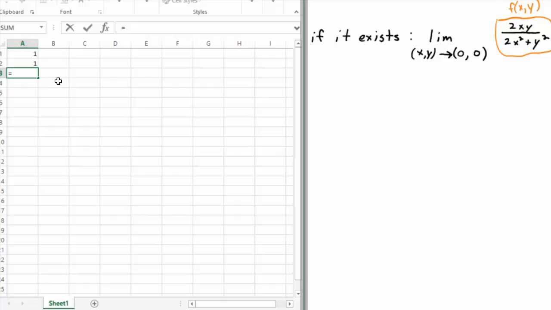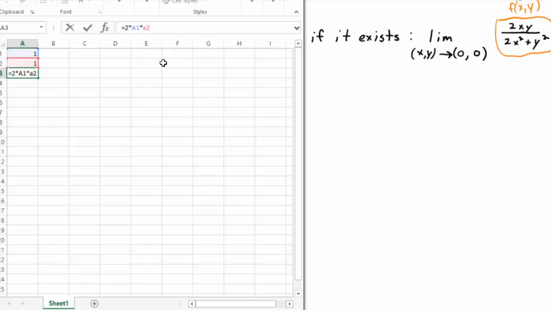We're going to call this first cell A1. And then we actually need to multiply by 2, right? So 2 times A1, and then times A2. That's the numerator. So I'm calling A1 x, A2 y, and then the denominator as well.